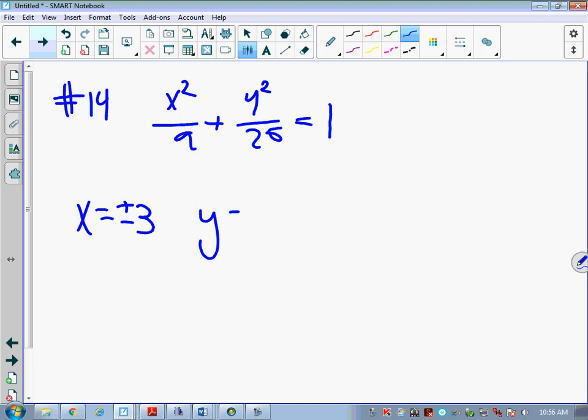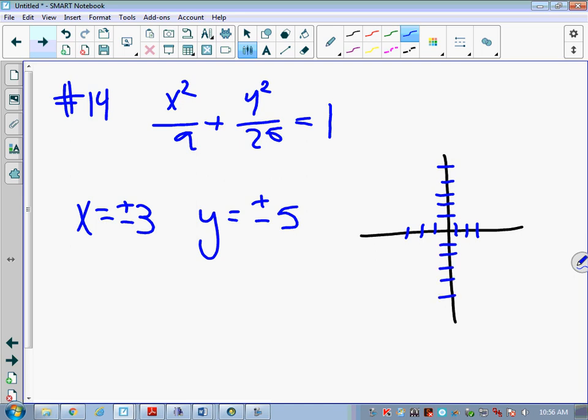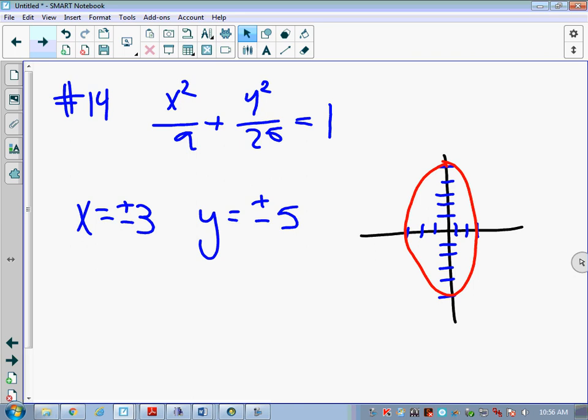And y is plus and minus 5. So what they're looking for here is the picture. So 1, 2, 3, 1, 2, 3, 1, 2, 3, 4, 5, 1, 2, 3, 4, 5. Something like that. It's not great, but that's our answer.